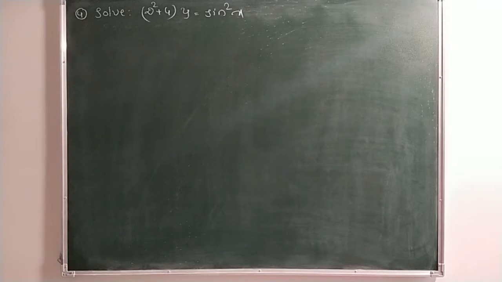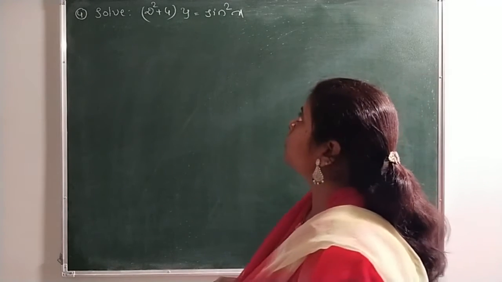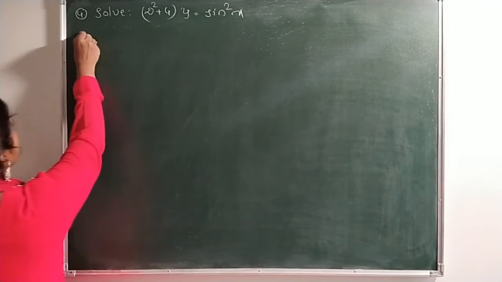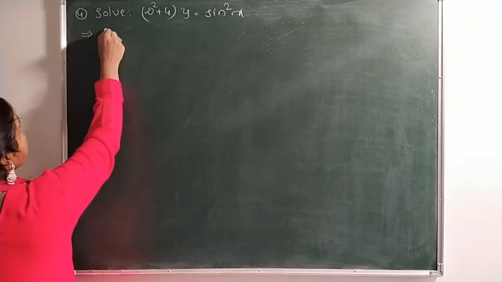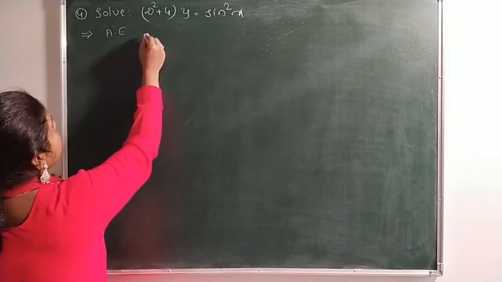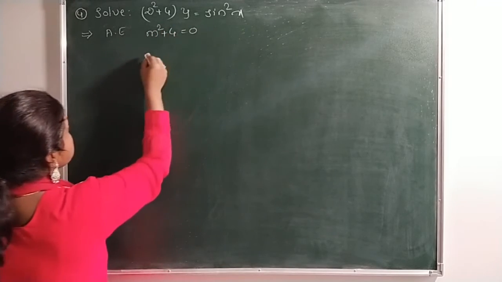Another example is (D square plus 4) into y is equal to sin square x. First we have to take the auxiliary equation because it is already given in the form of D. M square plus 4 is equal to 0.